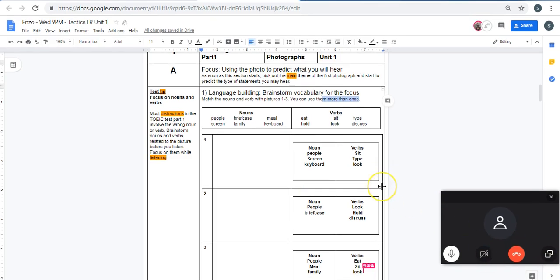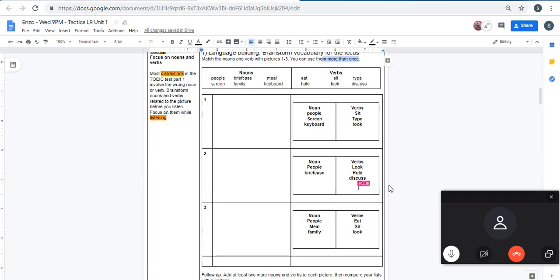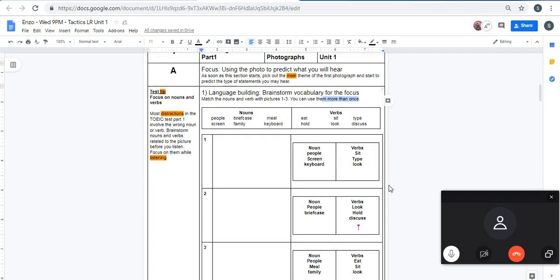All right, so you're good? Yeah, I'm good. Can you read it for picture one? Picture one is people, screen, keyboard, and verbs are sit, type, look.